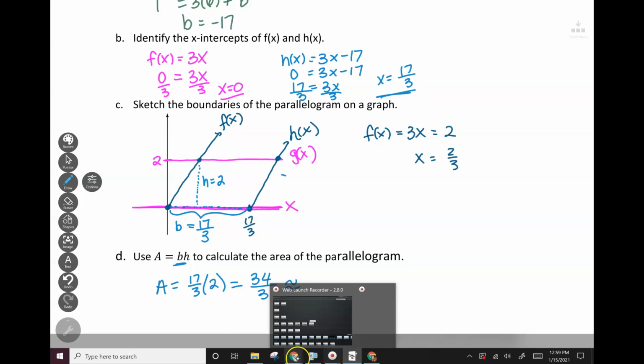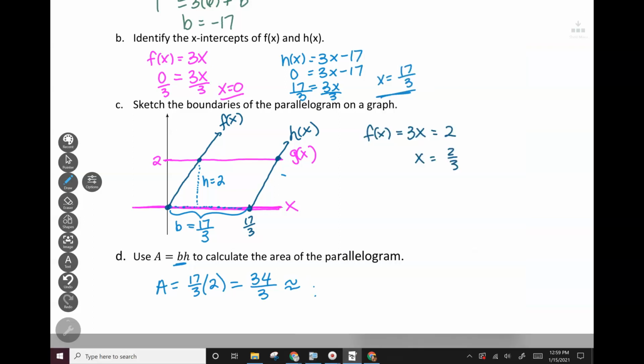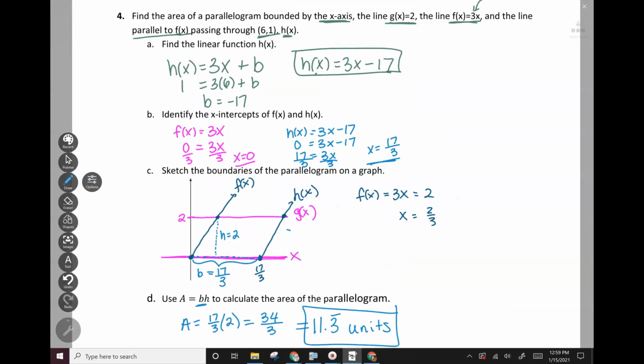We can also approximate that. 34 over 3 equals 11.3 repeating. And we don't have any units, so that's just the units. All right, so that's the area of the parallelogram.